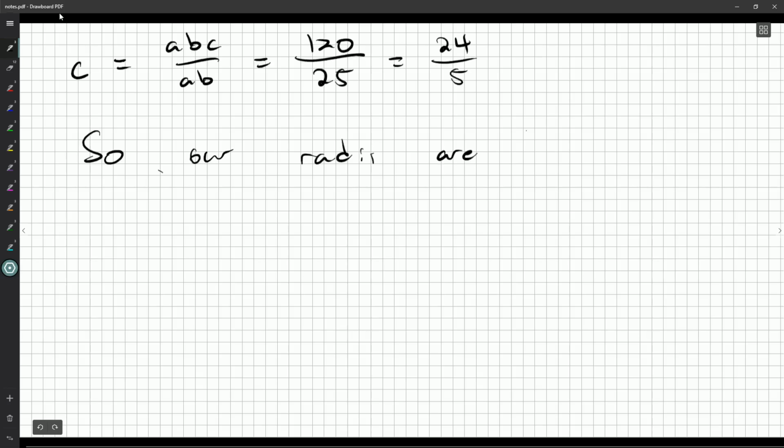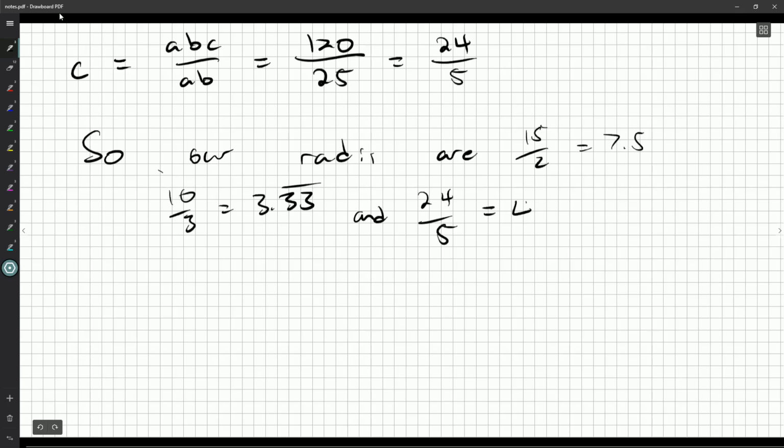So our radii are 15 over 2, which is 7.5, 10 over 3, which is 3.33 repeating, and 24 over 5, which, for the life of me, I can't figure out right now. Multiplied by 2 on top and bottom will be 48 over 10, so 4.8.